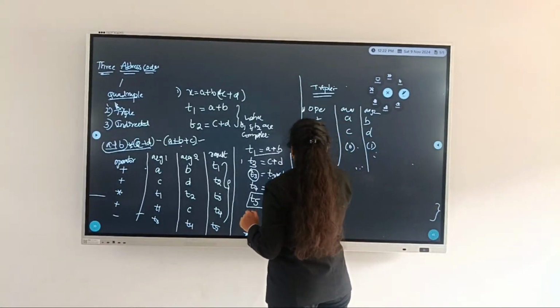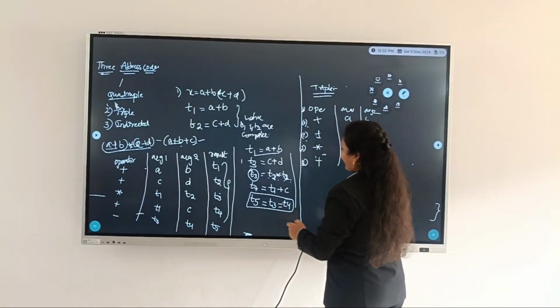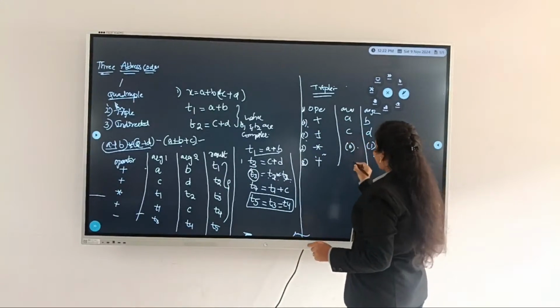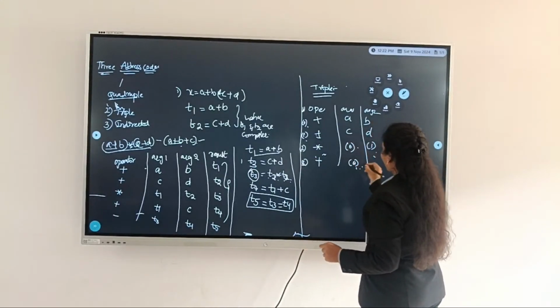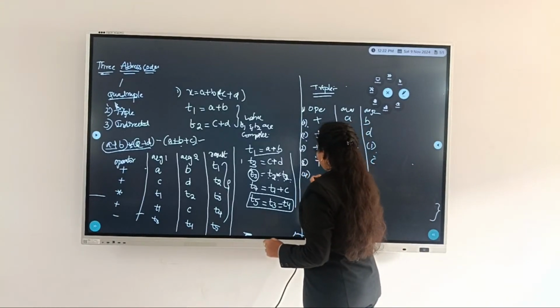When coming to the third one, operation will be plus and T1 plus C, where T1 is stored in address 0. When coming to T5, it will be stored in address 4.